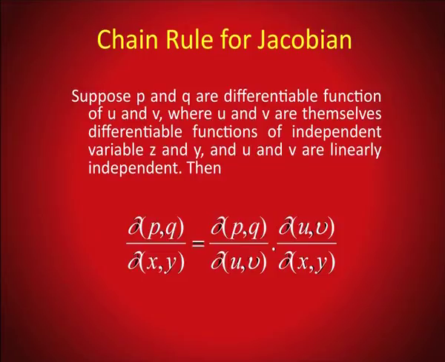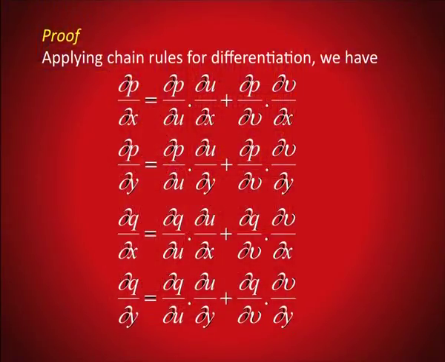Then ∂(p,q)/∂(x,y) is the same as ∂(p,q)/∂(u,v) multiplied by ∂(u,v)/∂(x,y). That is the chain rule of the Jacobian. The proof of the chain rule of Jacobian is as follows.